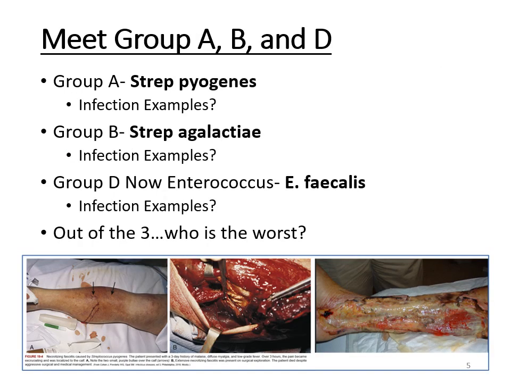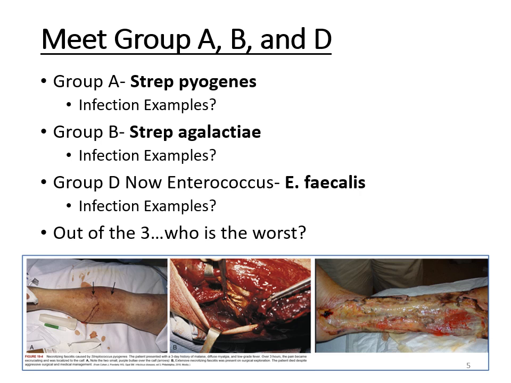Okay, so let's meet our group A, B, and D. Now keep in mind, with each of these groups, they contain a whole bunch of different species, but the three species that we are going to focus on in this lab and distinguish amongst are Strep pyogenes, Strep agalactiae, and E. faecalis.